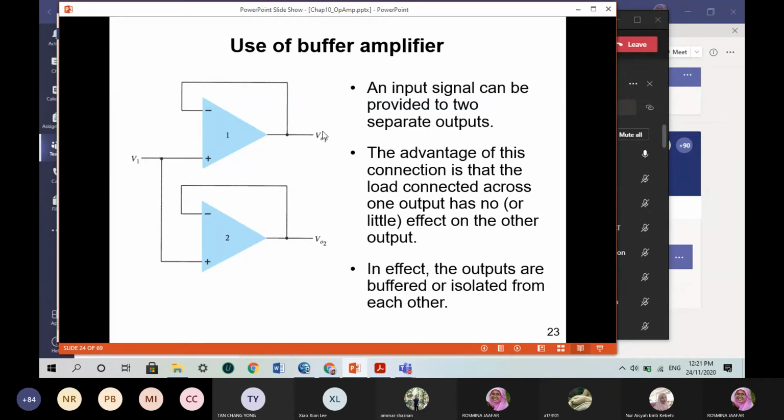So in this arrangement, the first Opamp does not affect the second Opamp. You apply V1, so VO2 will be V1 also, the same as VO1. But the input here is not affecting the output here, because VO1 and VO2 will be applied to sub-circuits. So this buffer is useful so that you do not affect the next, consecutive circuits following VO2 and VO1.